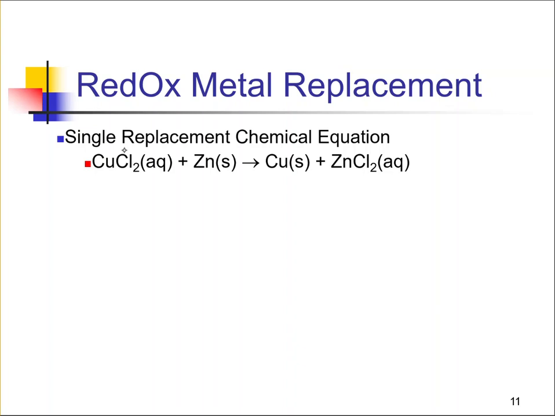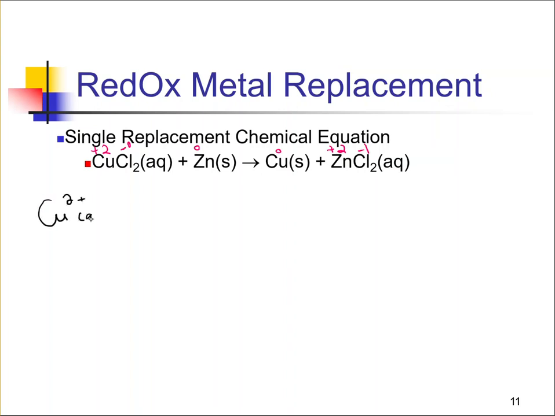Chlorine is -1, copper is +2, zinc 0, this copper is 0, -1, and +2. So I see changes in the oxidation number for copper and zinc. So I'm going to write the net ionic equation so we can just focus on those that are changing oxidation number.